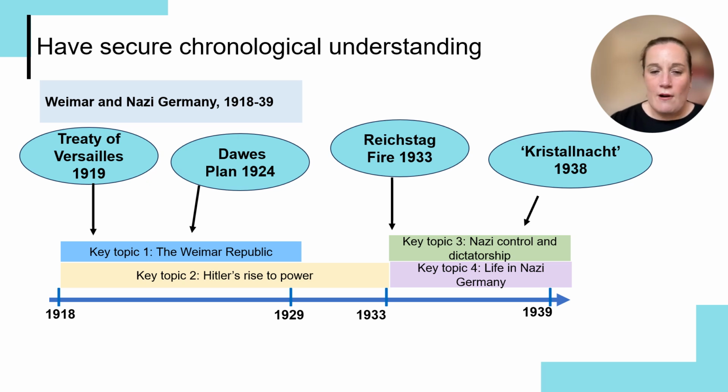Hopefully you got these correct. First of all, in 1919 was the Treaty of Versailles, followed by the Dawes Plan in 1924. Then the Reichstag fire in 1933 and Kristallnacht in 1938. Use a timeline similar to this alongside the specification to ensure that you've got secure chronological understanding for your exam.